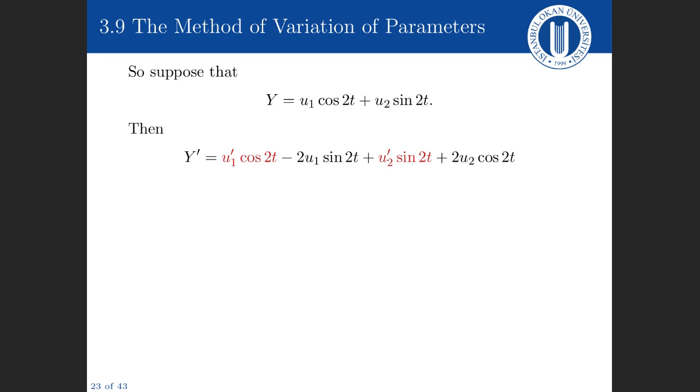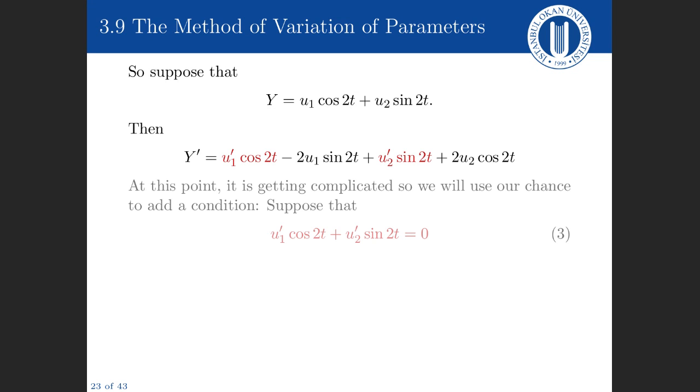And differentiating this, already it starts to look complicated. We have 4 terms here, and I want to make this easier. On the previous slide I said we have the freedom to introduce an extra condition whenever we want.